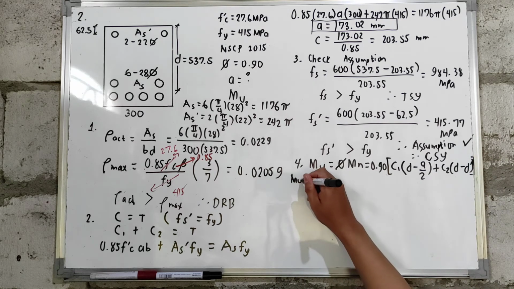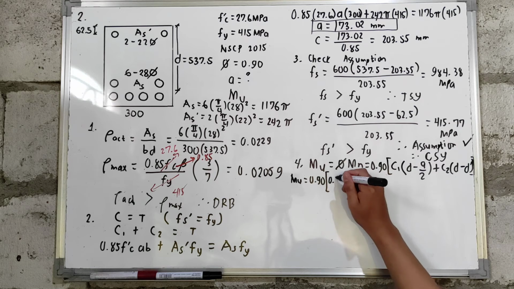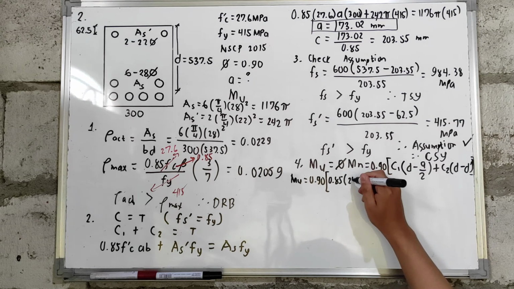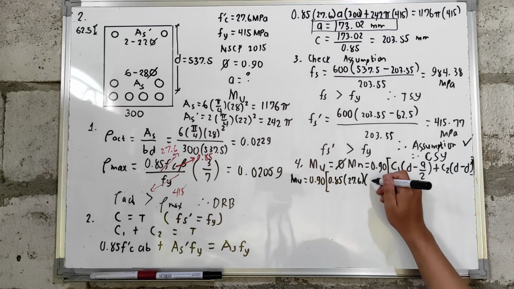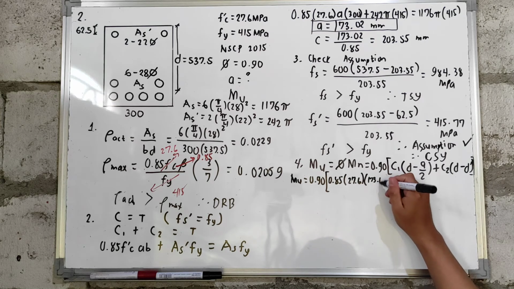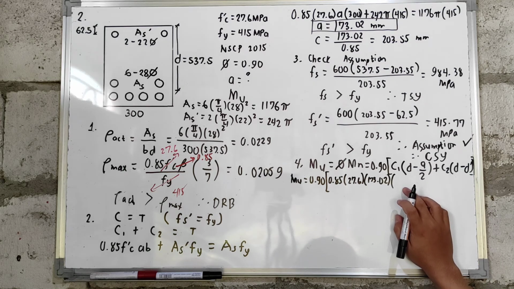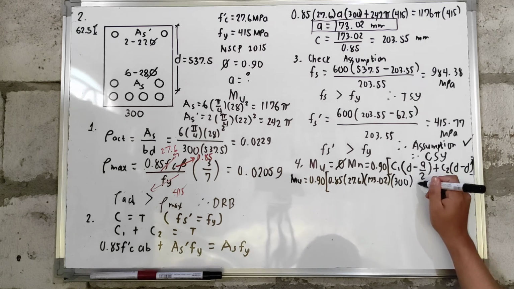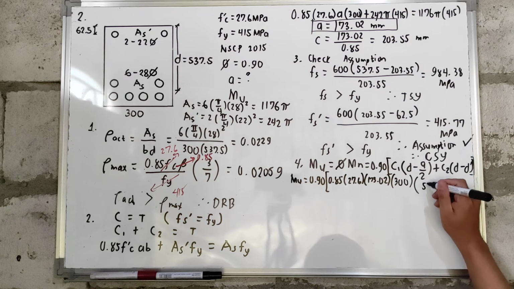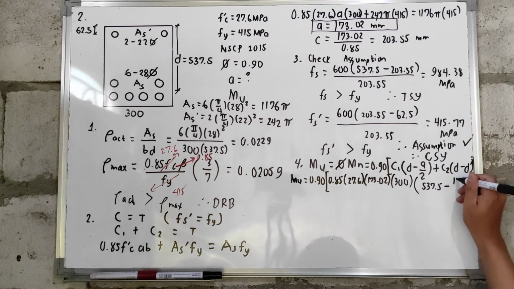So MU is now equal to 0.90, times 0.85 F prime C, where F prime C is 27.6, multiplied by A, which is 173.02, multiplied by B, which is 300, multiplied by the moment arm of D minus A over 2, where A is 173.02, over 2.